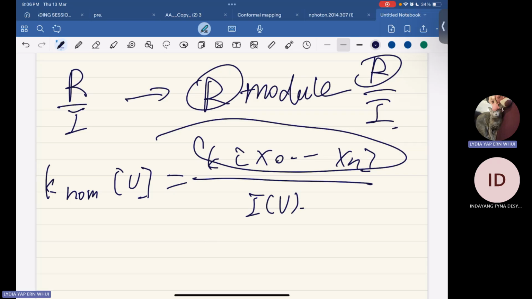Also here, we can treat this homogeneous coordinate ring as a module over K[x0 to xn], right?